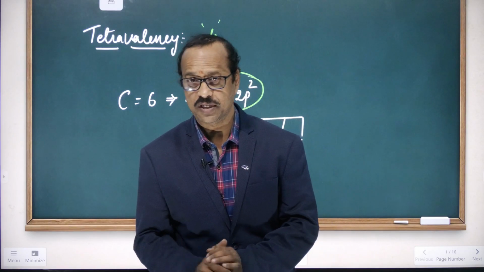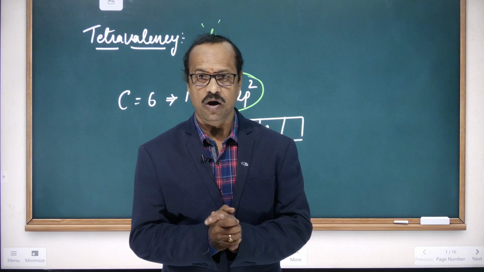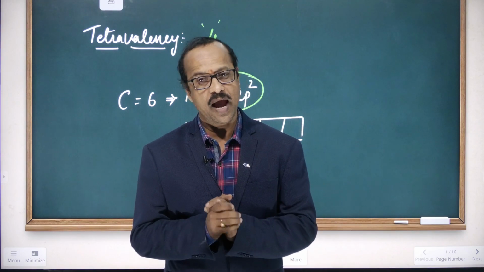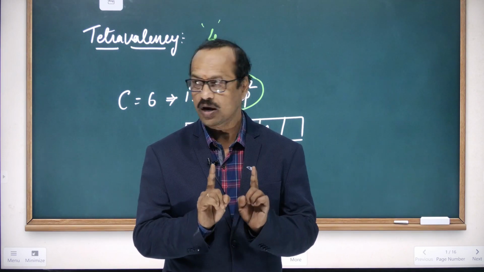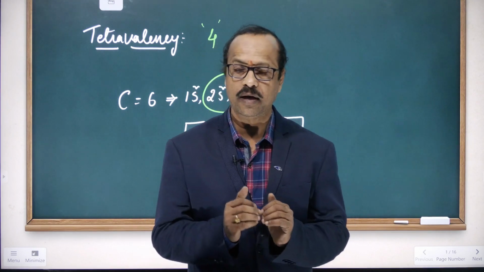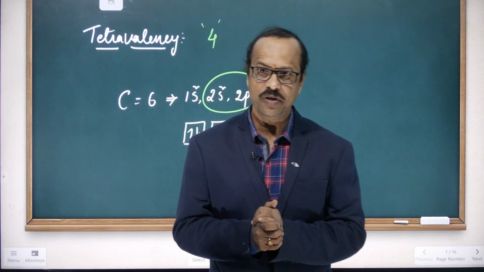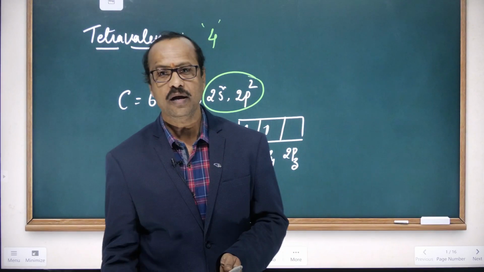What is octet configuration? The elements which have 8 electrons in their valence shell or outermost shell are stable, right? And other elements which have less than 8 electrons are unstable. So to attain stability, they combine with each other. Is this clear? So during this, they can form so many compounds.